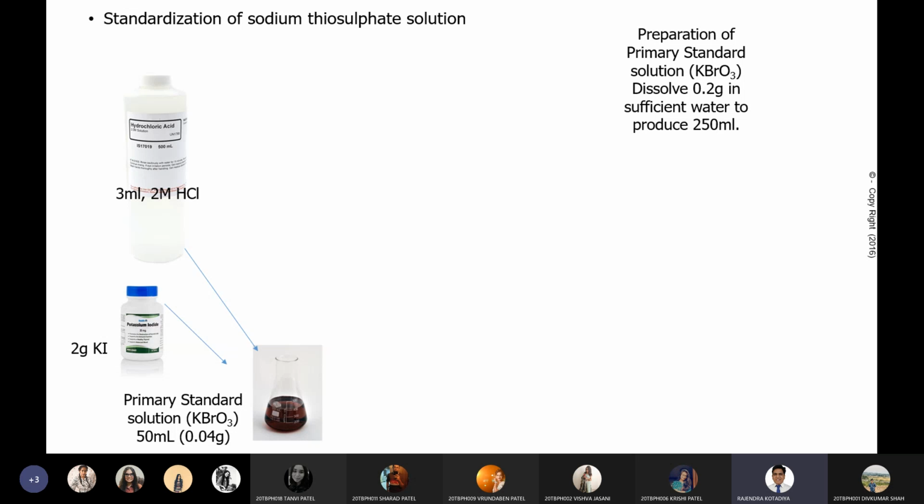Here we have to add the indicator, but it will be added towards the end point, so pay attention here. This resultant mixture will be titrated against our secondary standard solution, that is X molar. Okay, here there is a printing mistake, it is sodium thiosulphate, not sulfuric acid. Just made a correction. Let me correct it first.